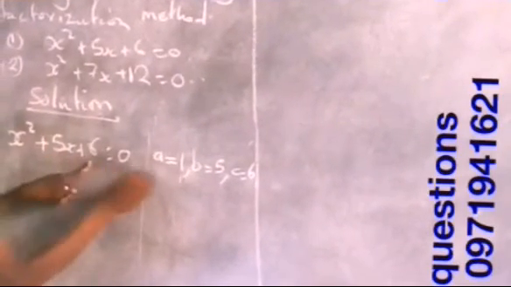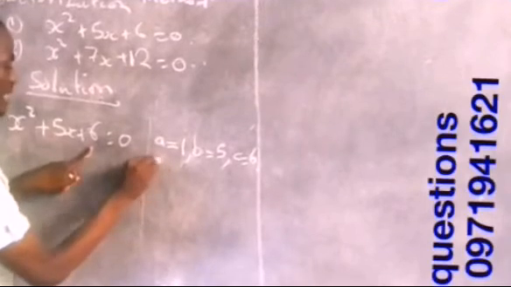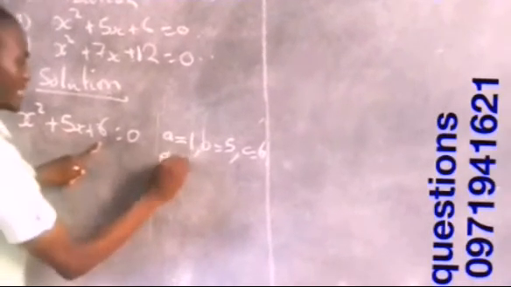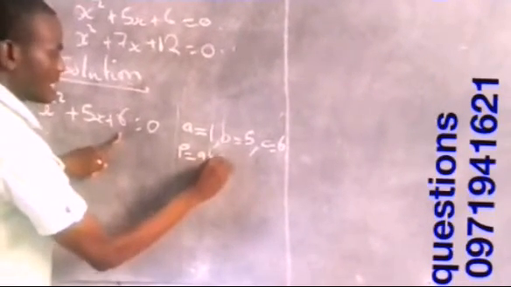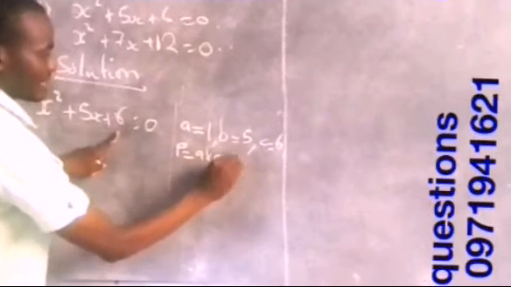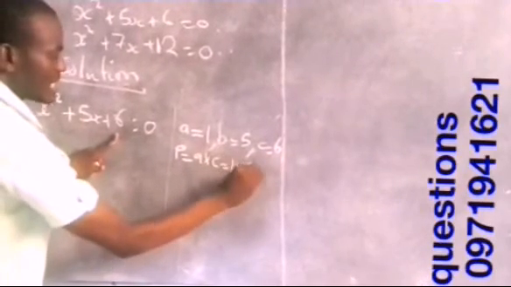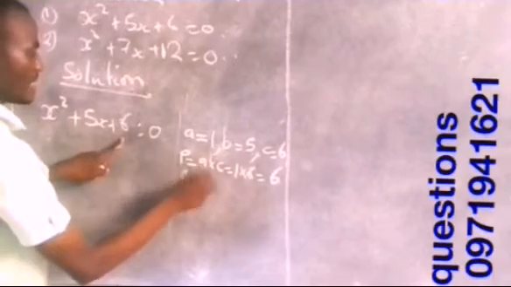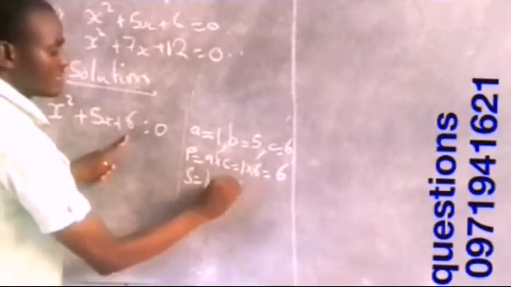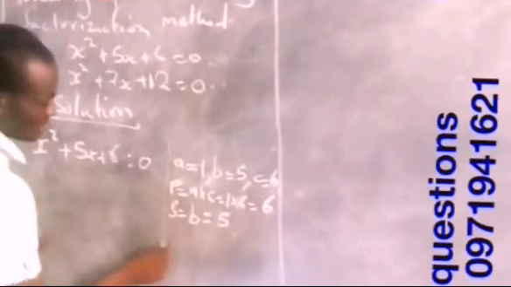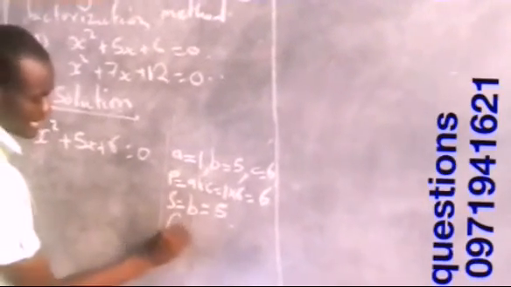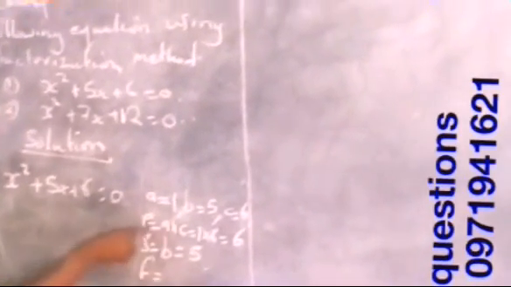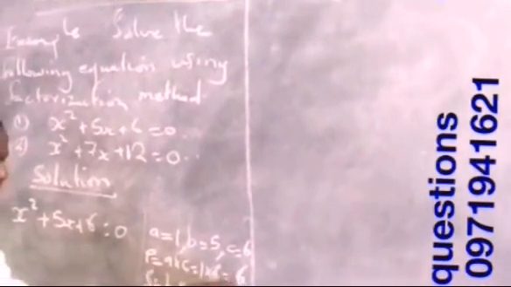So we need to find the product. The product is a times c, which is 1 times 6, and the answer is 6. The sum is b, which is 5. So we need to find the factors whose product is 6 and whose sum is 5.